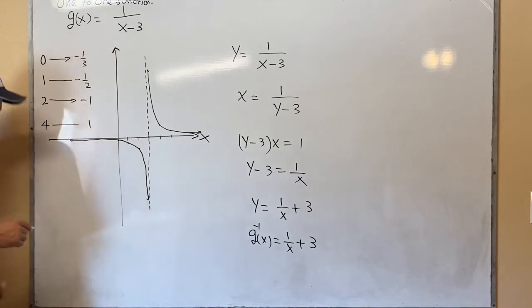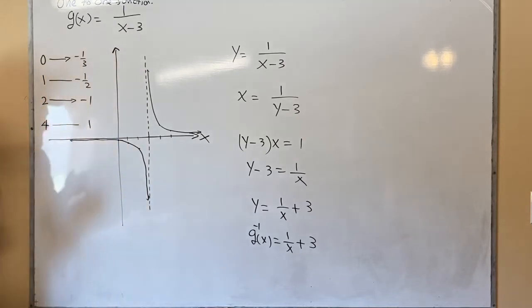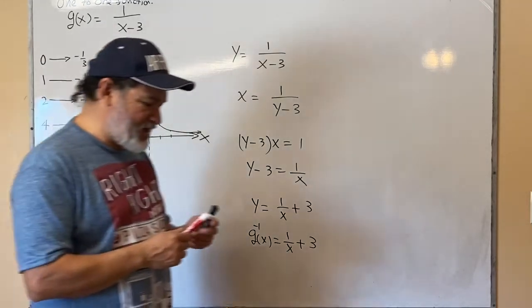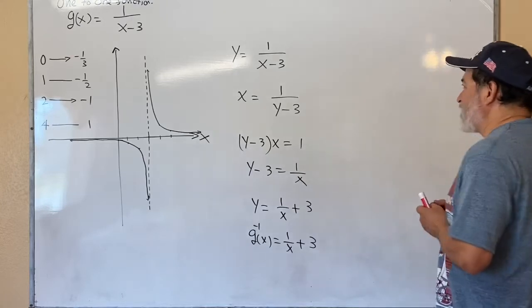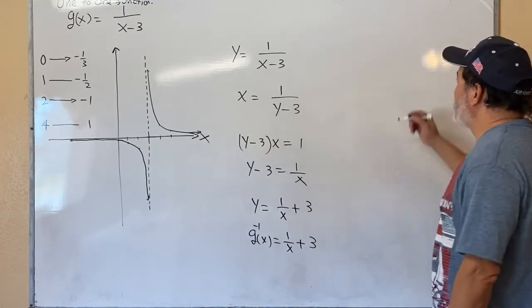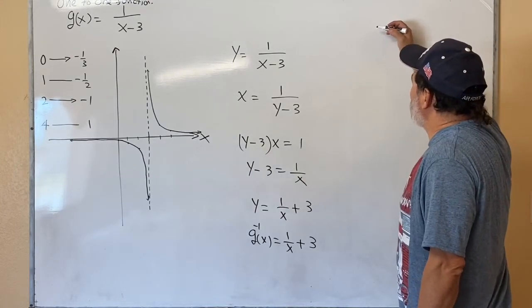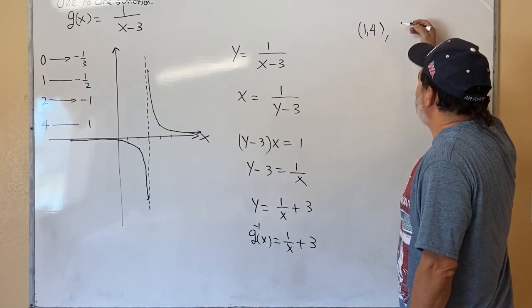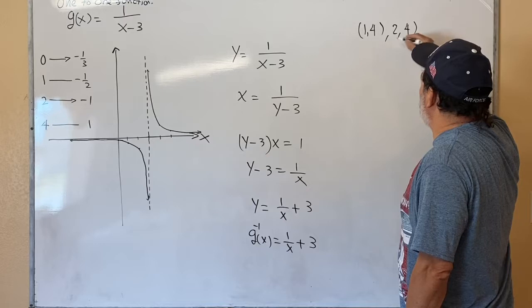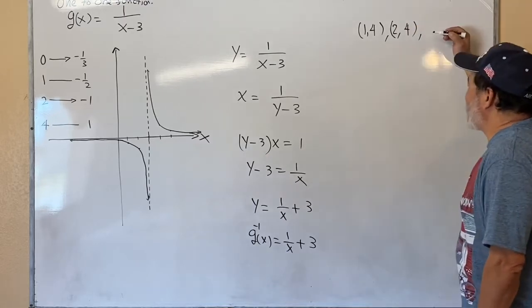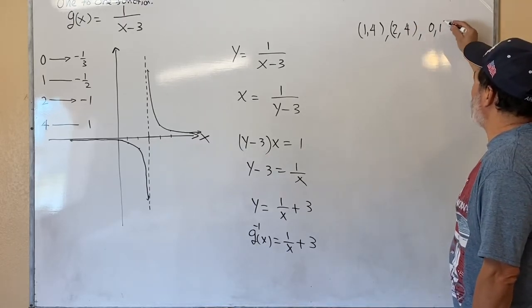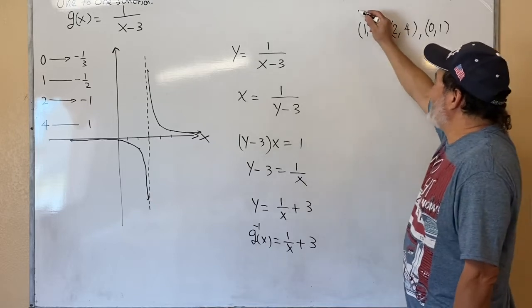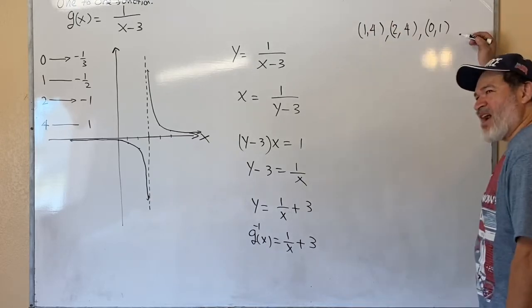Look, guys, I gave you an example earlier. I said 1 and 4, and I said 2 and 4, and I think I said 0 and 1, and 5 and 3.